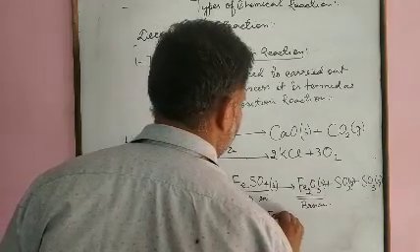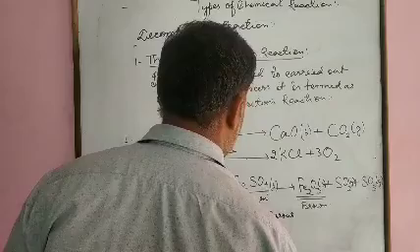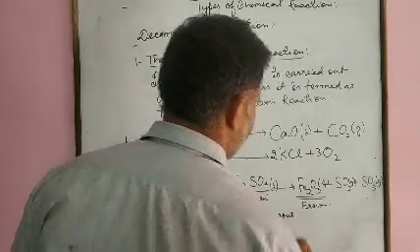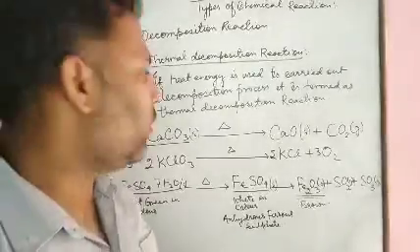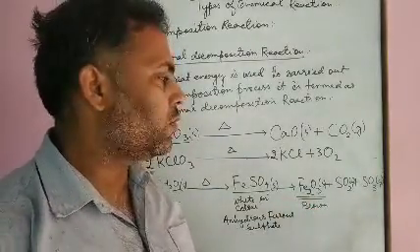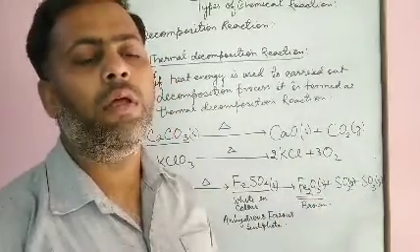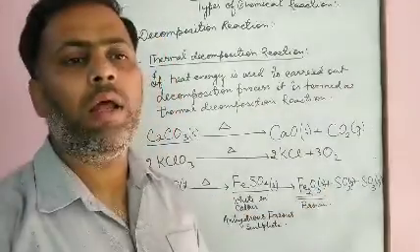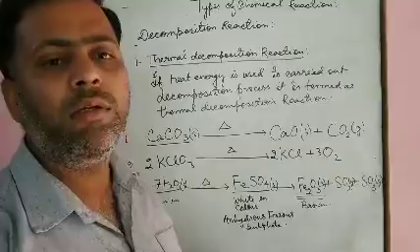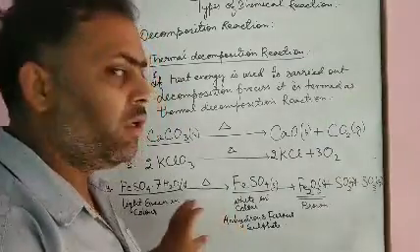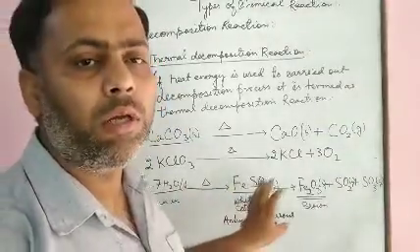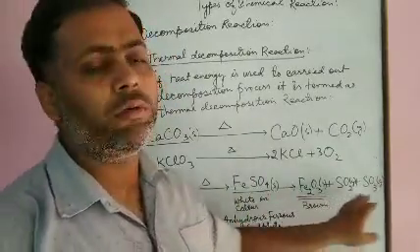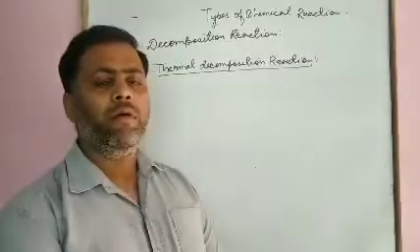On further heating, it is converted into Fe2O3, and at the same time sulfur dioxide and sulfur trioxide gas are removed. You see, it is a type of decomposition reaction in which a single reactant is broken down into two or more than two products. Clear?